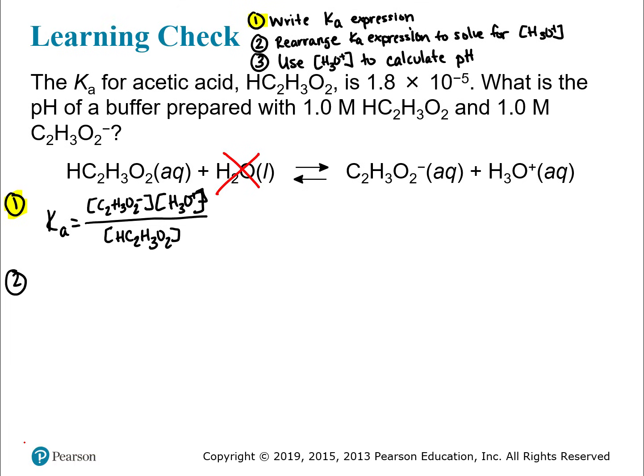Second part, we've got to solve for the hydronium concentration. So what I'm going to do for that is multiply by this bottom concentration here, on both sides.